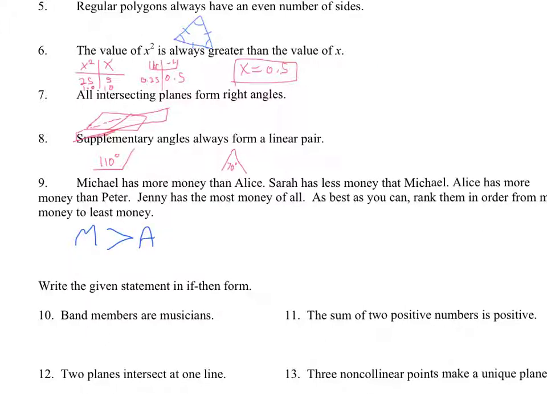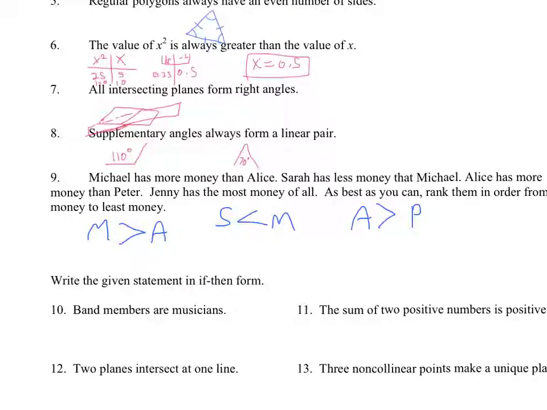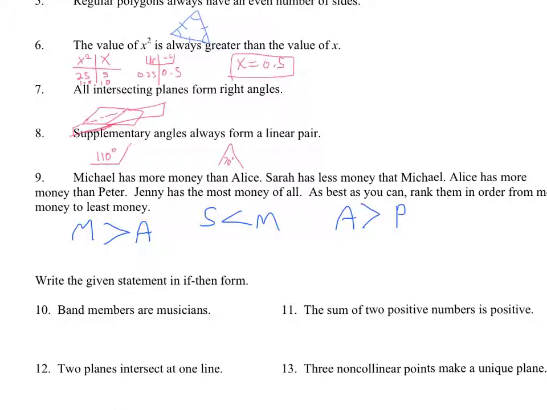I'm just kind of brainstorming here. Sarah has less than Michael. Alice has more than Peter. And Jenny has the most of all. So Jenny has the most, and it says rank them in order from most to least. Okay, well Jenny's going to come first then, right?